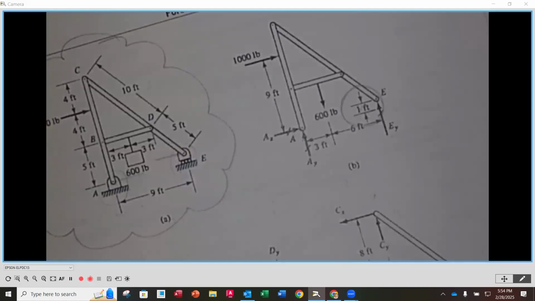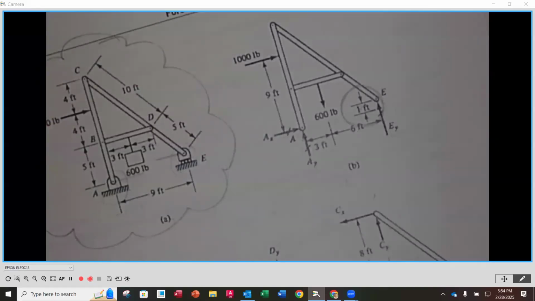You want to add all your forces, all of your distances, and then those reactions at the supports that you're expecting, and then any applied loads as well.